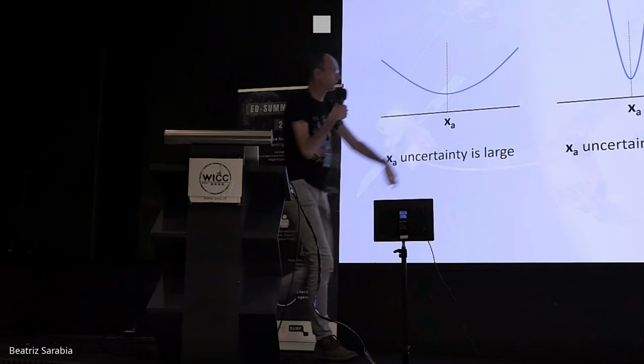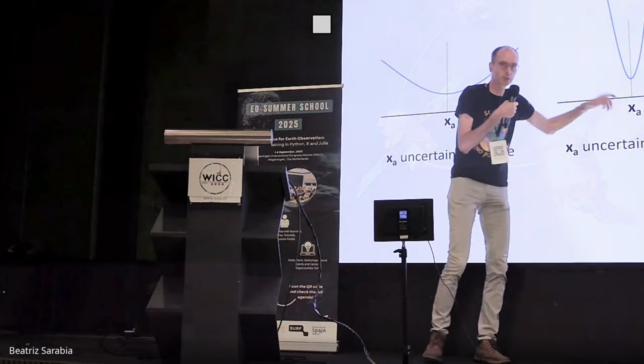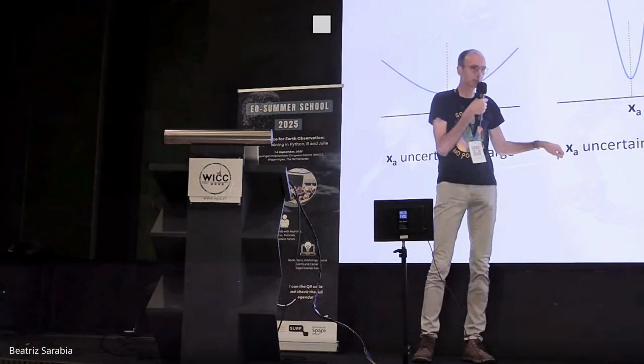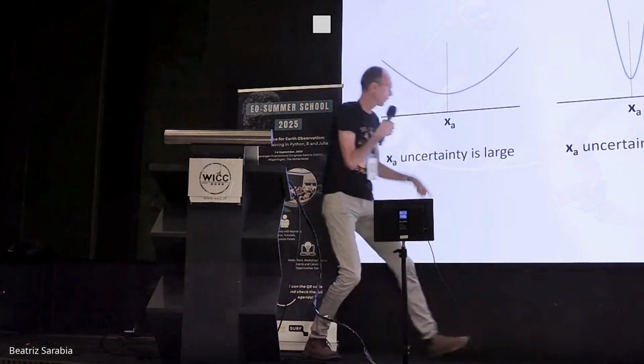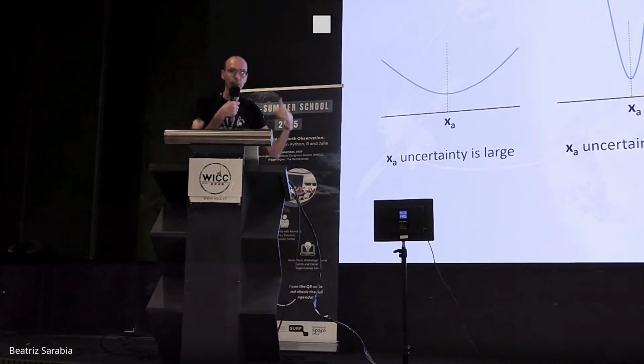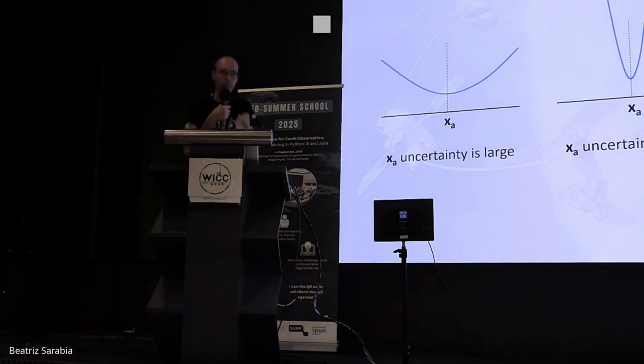If it's like this, then it's really well defined and you know pretty certainly that it should be within a small margin. This tells you that the uncertainty of this estimate is small. Whereas here, it's much bigger. So the curvature of the cost function at the minimum gives you direct information on the uncertainty of the parameter that you have optimized. Hopefully that's clear.